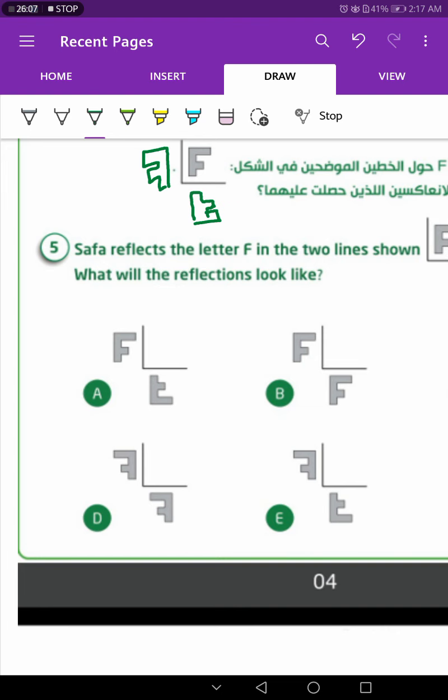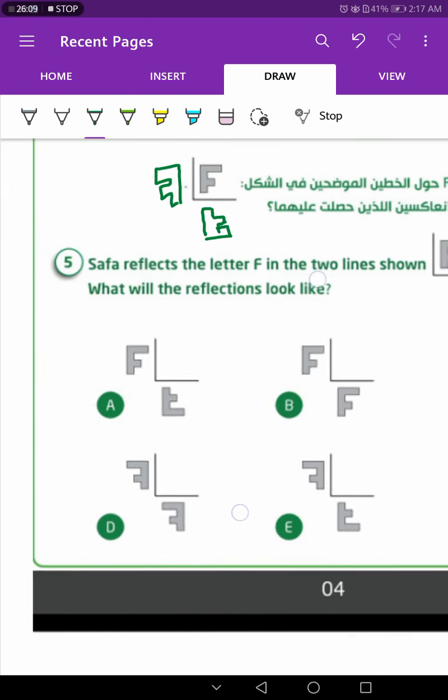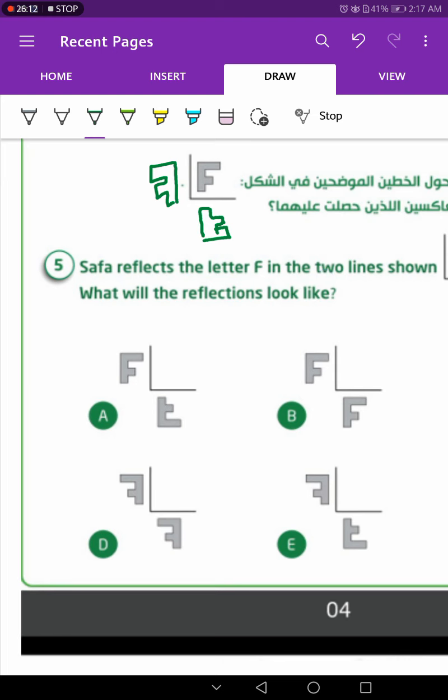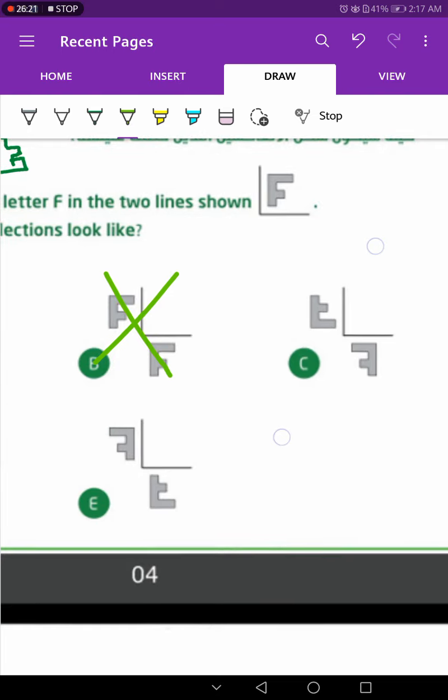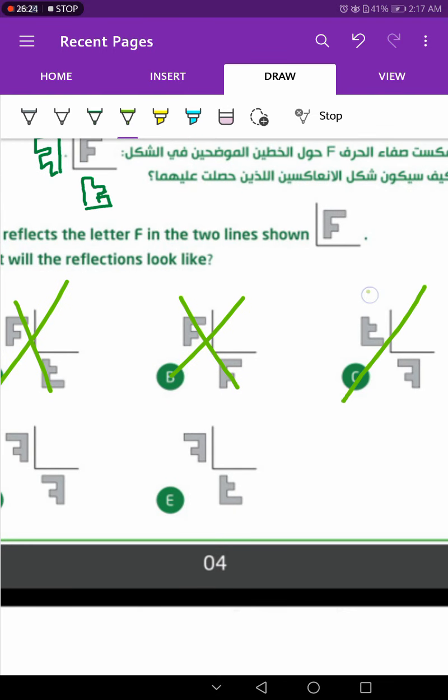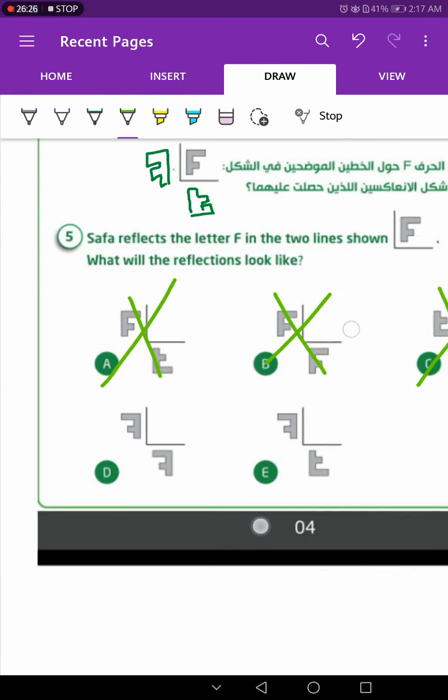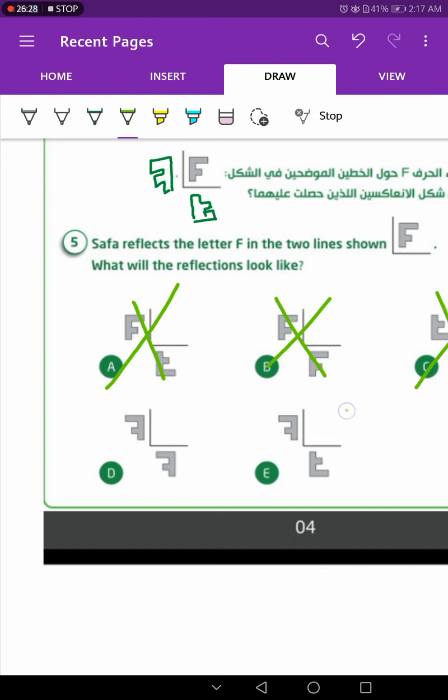It has a correct answer. C. A, it is not true. B, it is not a true match. D, I have here. C, it is different. Oh, E, it is correct.